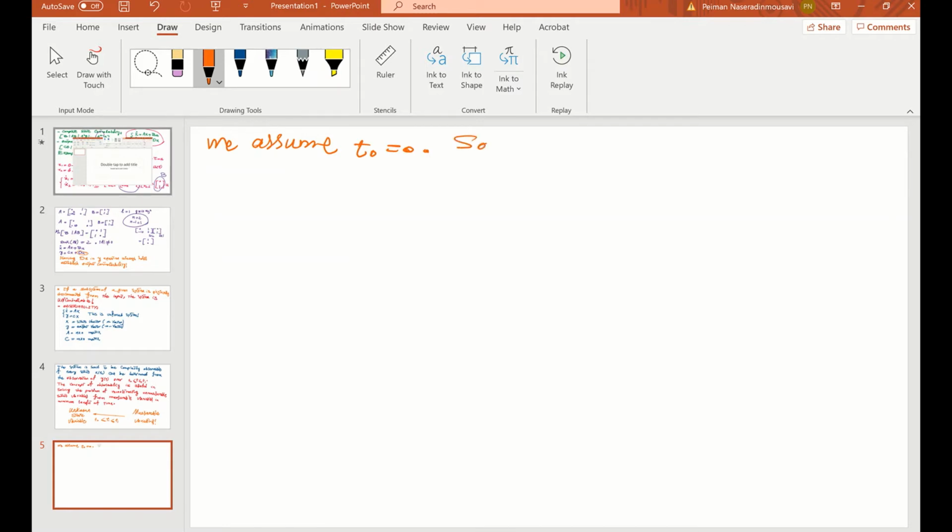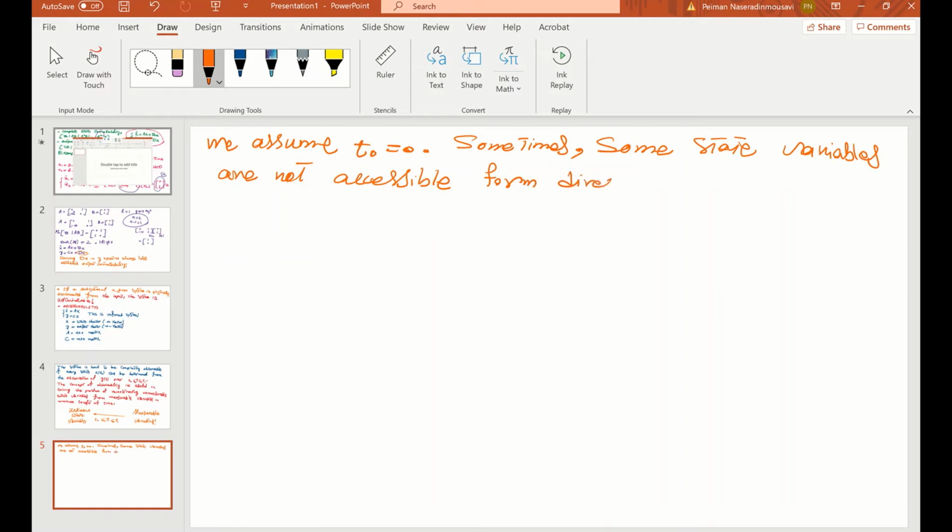And sometimes some state variables are not accessible from direct measurements. Like what?